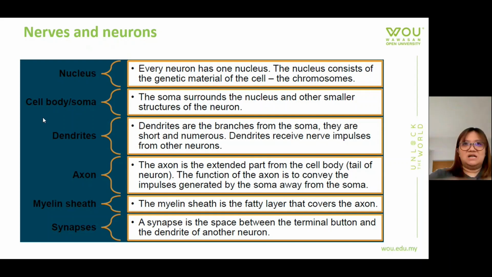It's something like a cable with rubber protection. So this one is the axon. After that, the axon is covered by the myelin sheath. The myelin sheath is made up of a kind of fat, the fatty layer.